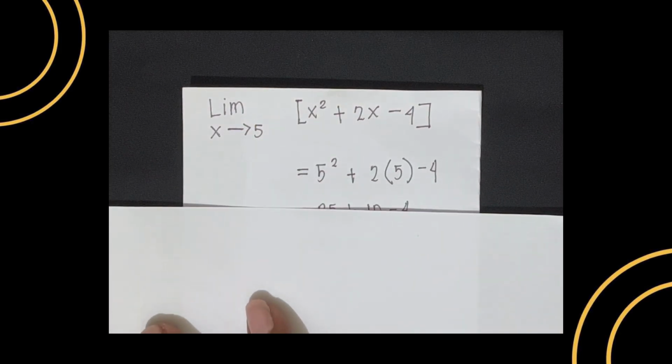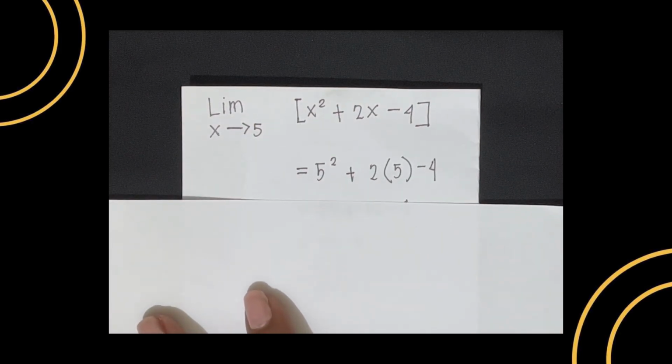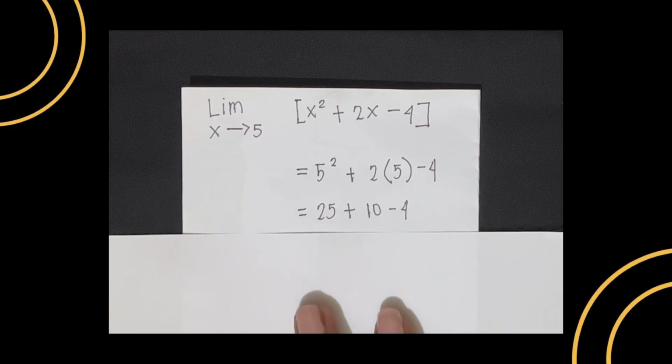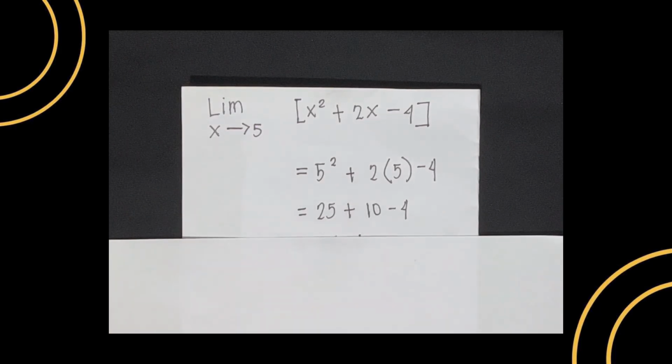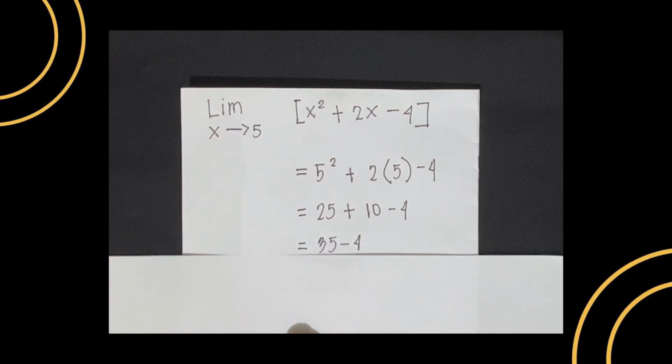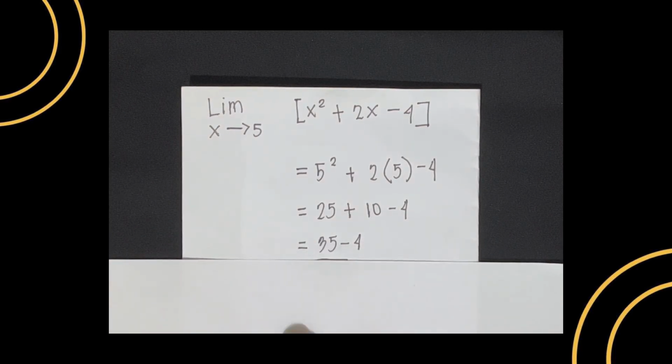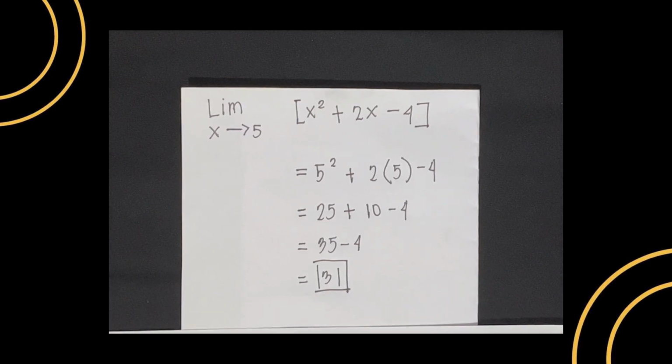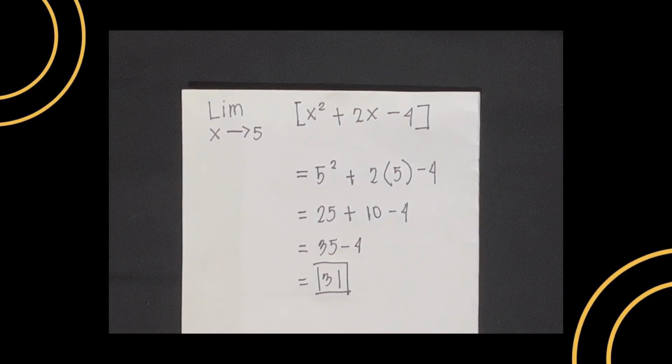So it's going to be 5 squared plus 2 times 5 minus 4. 5 squared is 25 and 2 times 5 is 10, copy minus 4. 25 plus 10 is 35, copy minus 4, and then 35 minus 4 is 31.